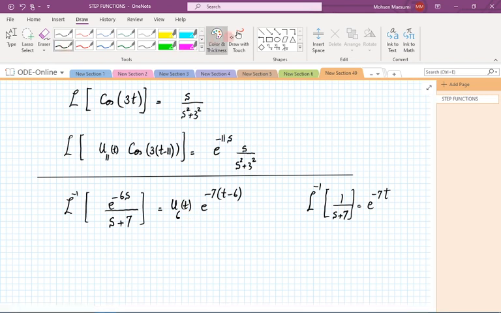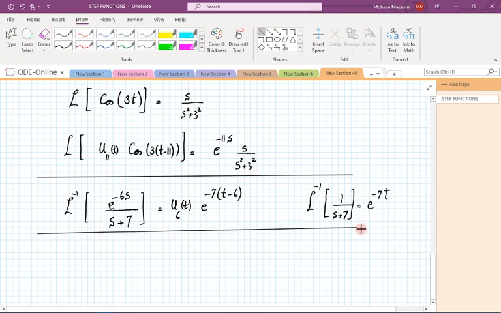Make sure you do quite a few of these to be absolutely sure of where these pieces go. Let's try one more. Let's ask, what is the inverse Laplace transform of 6 exponential of minus 8s over s to the power of 4?